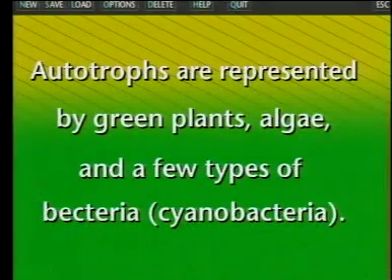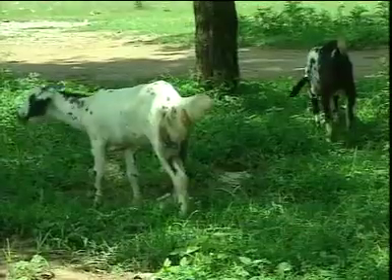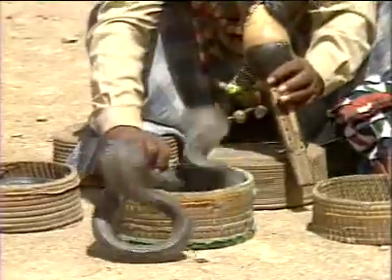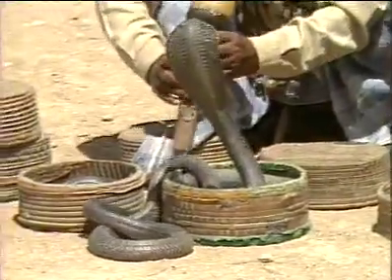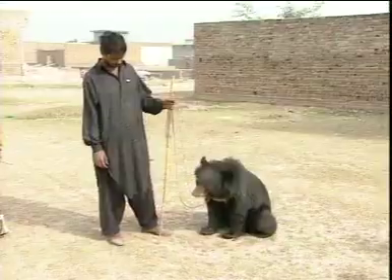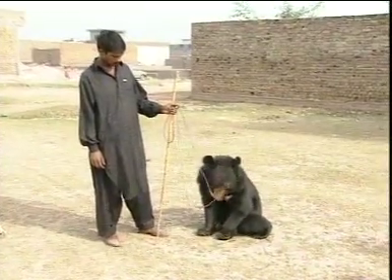Therefore, when analyzing the food chain, we can say that autotrophs are represented by green plants, algae, and a few types of bacteria, and herbivores are those animals that feed directly on plants or plant products such as cows, goats, and rabbits, whereas carnivores are those animals like snakes, lions, dogs, and cats that feed on herbivores or other carnivores. And omnivores are those animals which feed on herbivores, carnivores, plants, or plant products like humans and bears, etc.